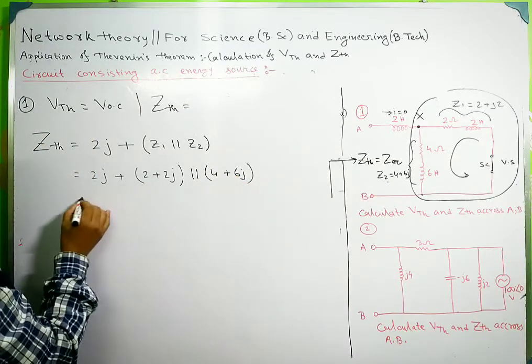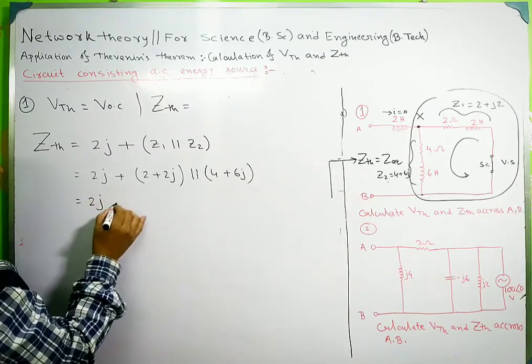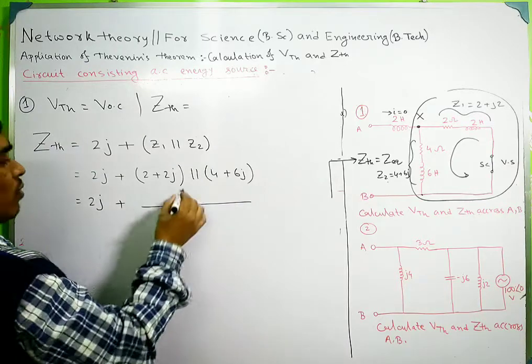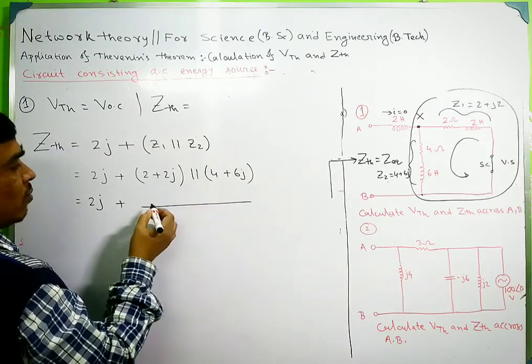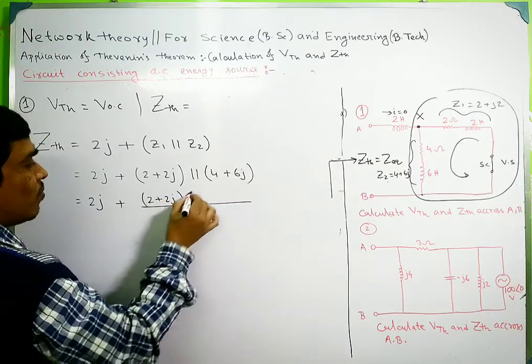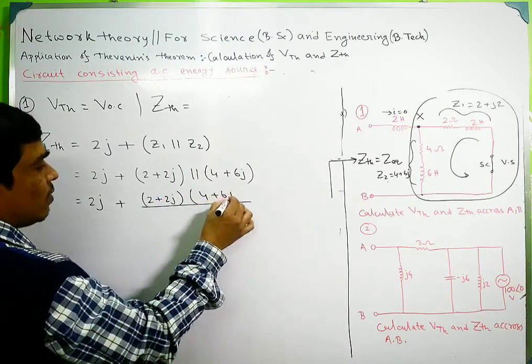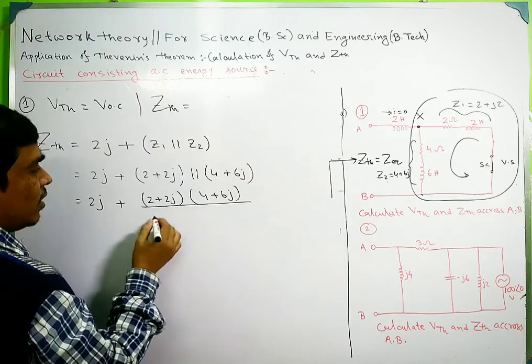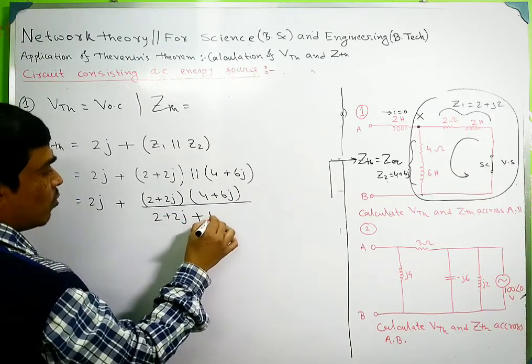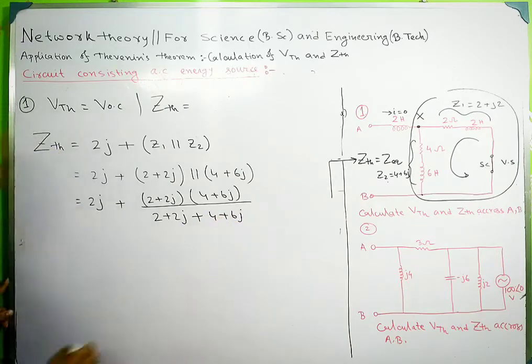The parallel form is equal to the multiplication divided by the summation. So it will be the multiplication of 2 plus 2J and 4 plus 6J, divided by the summation, 2 plus 2J plus 4 plus 6J.